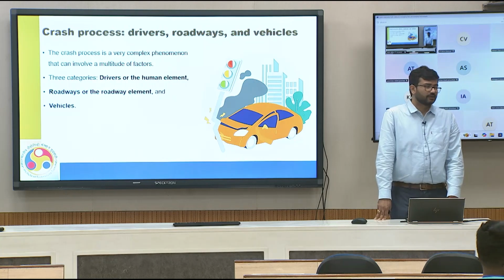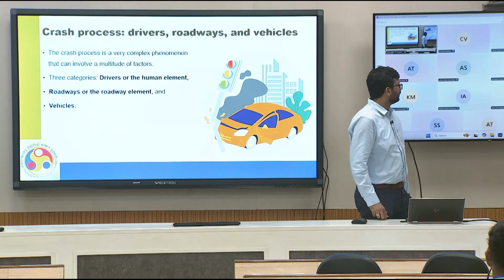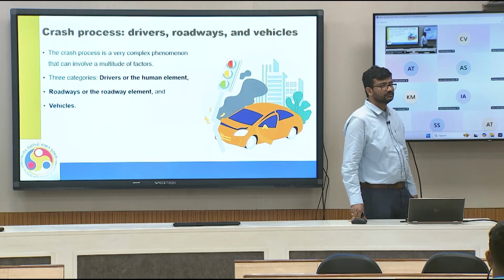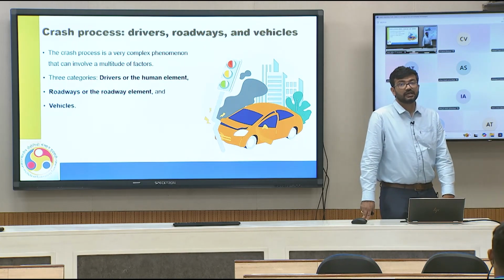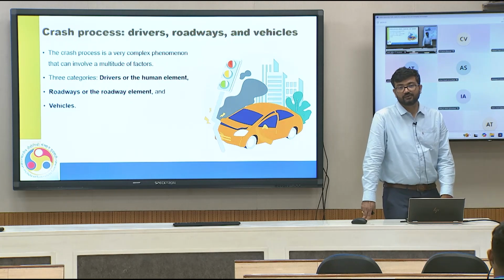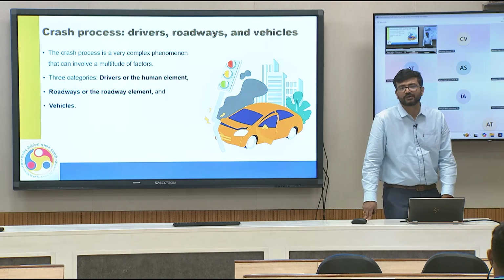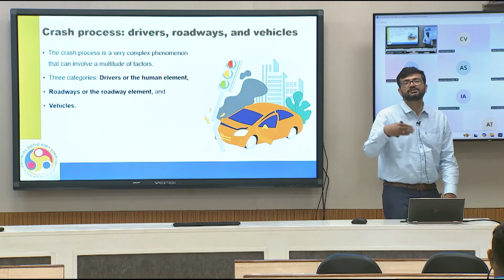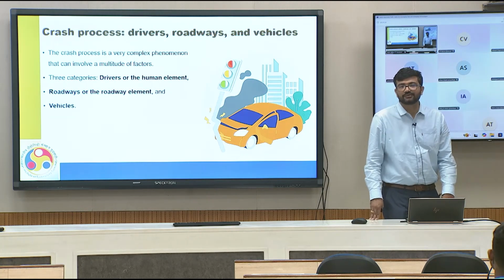Okay, sir. Yeah, would anyone from online like to add to this discussion? Speed will not be a roadway characteristic. It's basically how the driver wanted to drive, right? The driver chooses to drive that way.